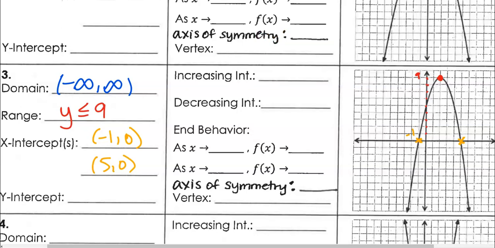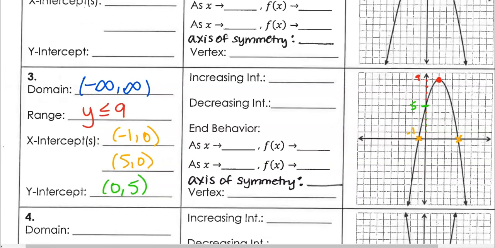Where is it? This guy right here. 1, 2, 3, 4. Looks like it's a 5. So 0 and 5. This is all number 3. First I wrote it under the 2, then I wrote it in the wrong place.